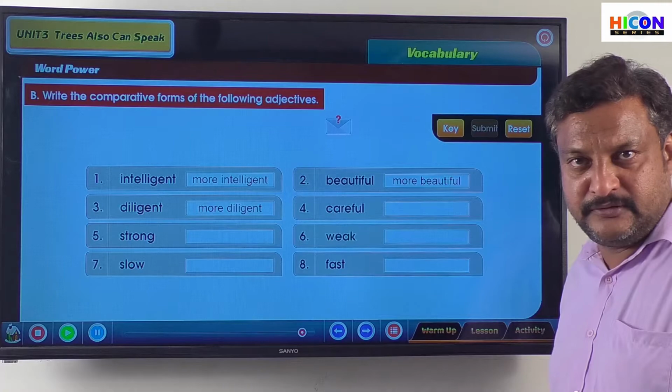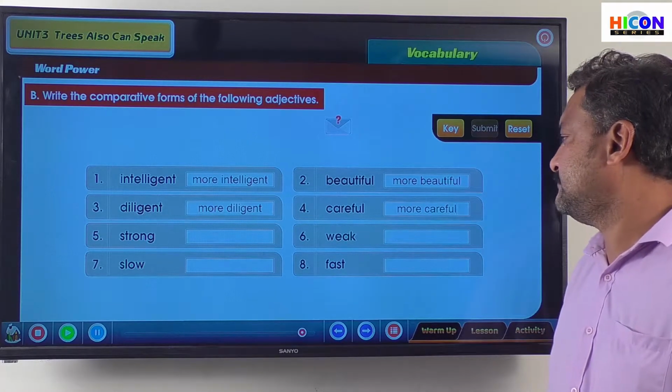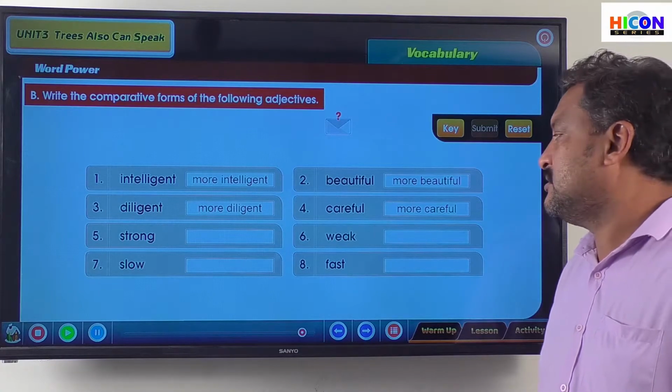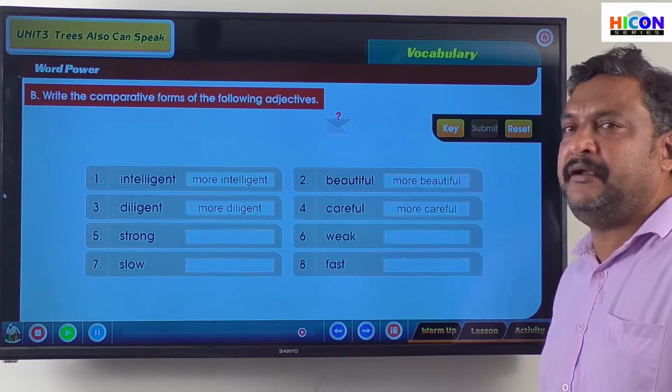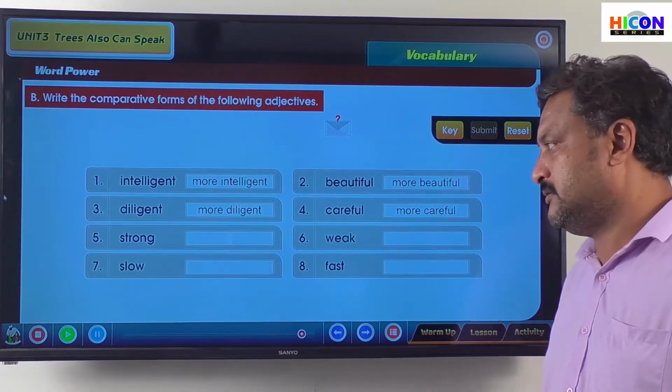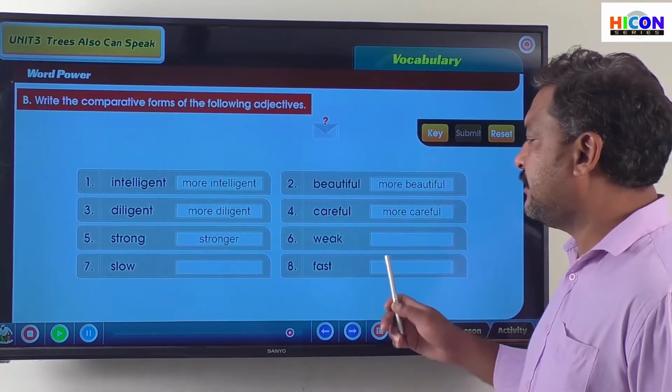It's more careful. Fifth one, strong. Strong is a word to which we can add er, and it is stronger. Weak.